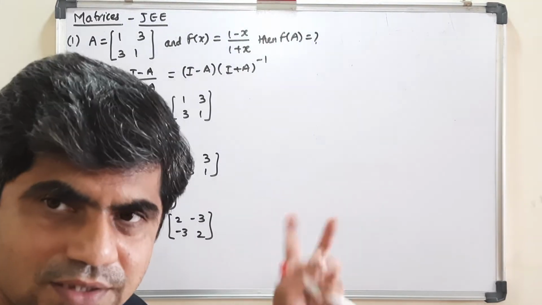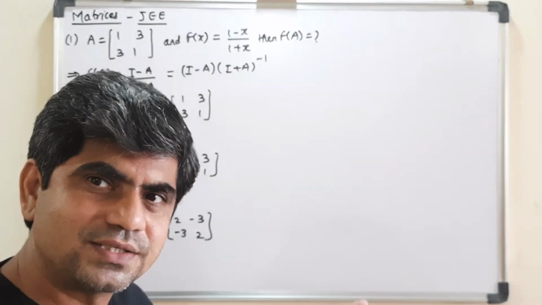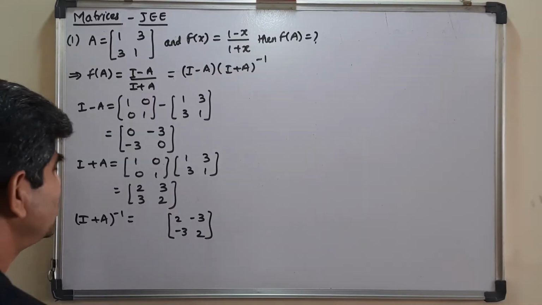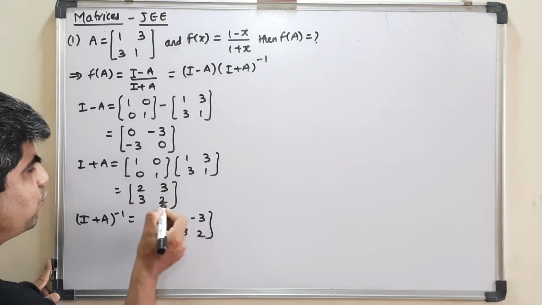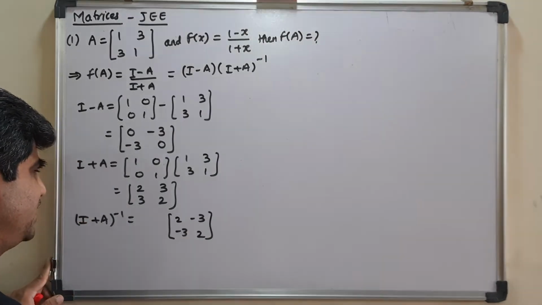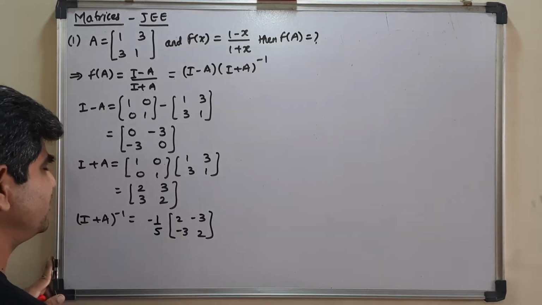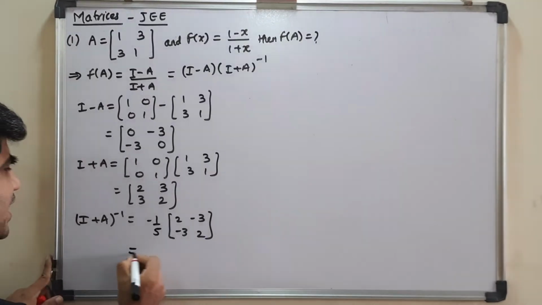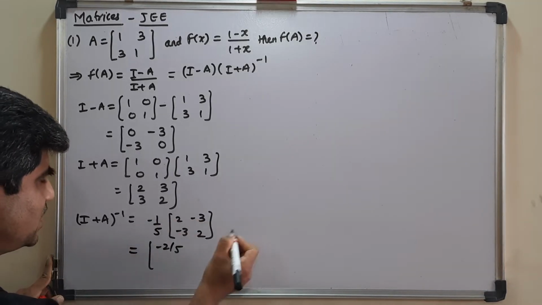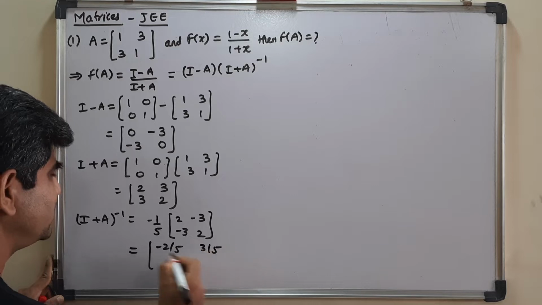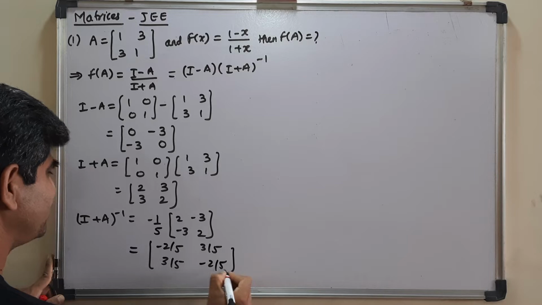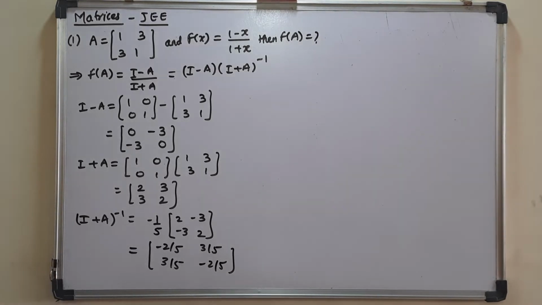That is swapping diagonal elements and changing sign of non-diagonal elements. And the determinant value will be 4 minus 9, which is minus 5, so it is minus 1 by 5. Which finally turns out to be minus 2 by 5, 3 by 5, 3 by 5, and minus 2 by 5, which is your I plus A inverse.